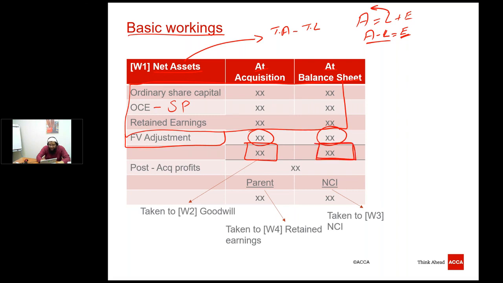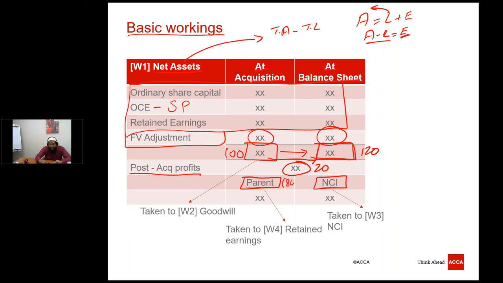If we calculate the increase in this net assets, this is going to be the post-acquisition profits. So the post-acquisition profits is the increase in the net assets from the date of acquisition to the date of balance sheet. So for example, if the net assets at acquisition were 100 and if the net assets at balance sheet are 120, so the increase is 20, which will become the post-acquisition profit. And this will be divided between the parent and the NCI according to the holding percentage.